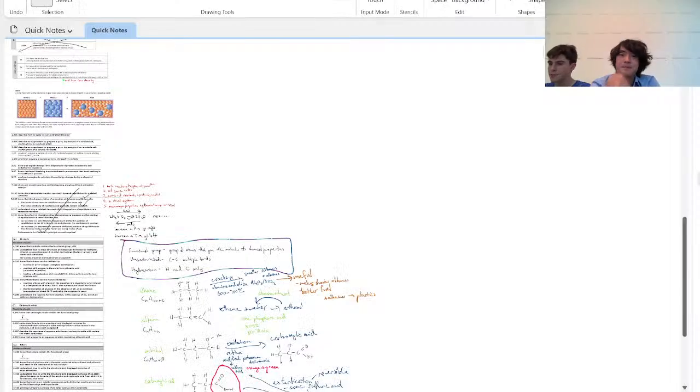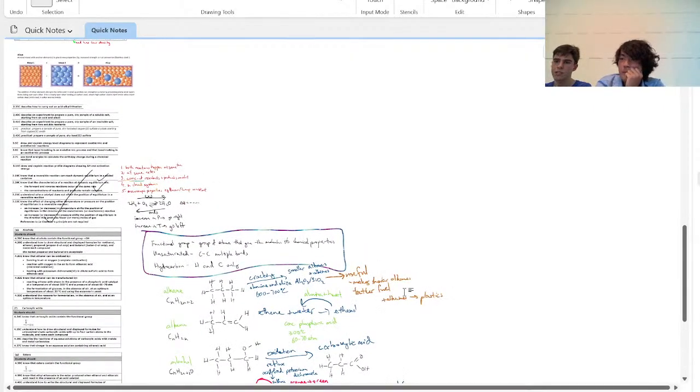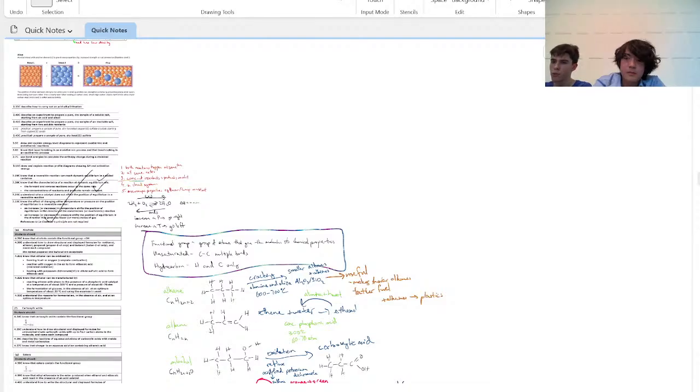Now in aqueous, the issue comes because there's water. This means the ions in the solution may not be the ones that form on the anode or the cathode. On the anode, if one of the ions is a halogen, then that halogen will form.